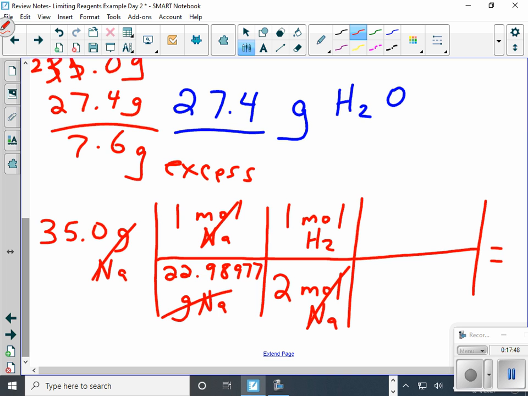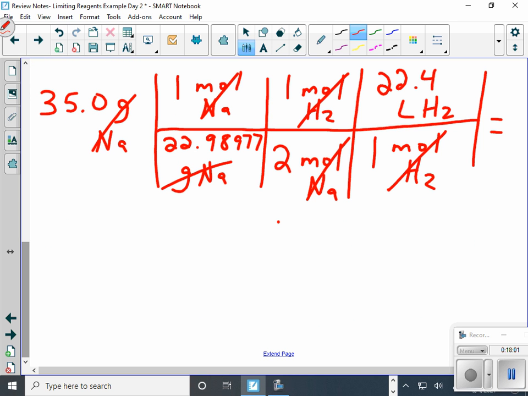Finally, I want to get the volume. So 1 mole of hydrogen gas is 22.4 liters of hydrogen gas. My moles cancel. So when I go through and do my math here, I came up with a value that's going to be labeled liters of hydrogen gas.